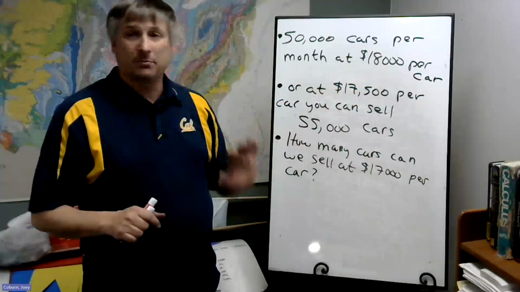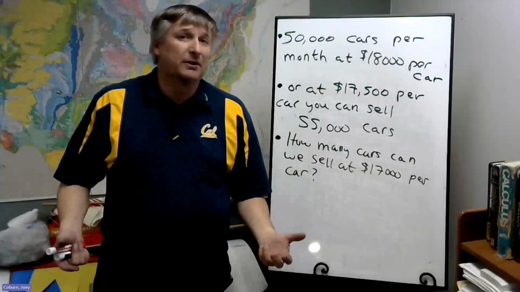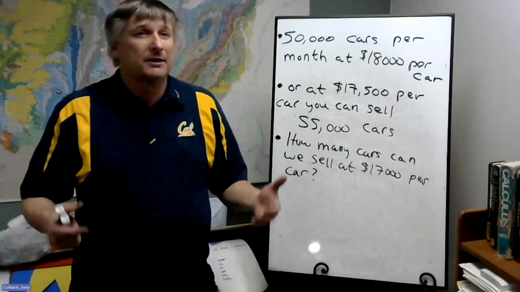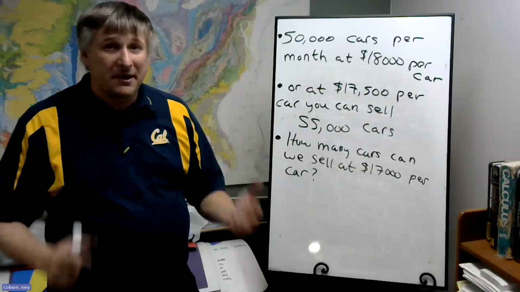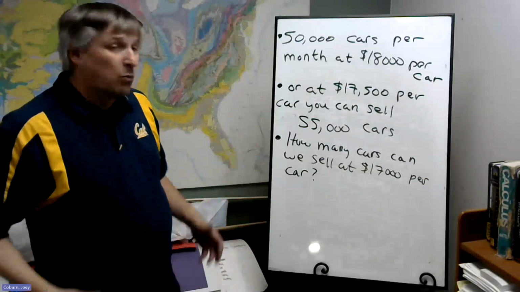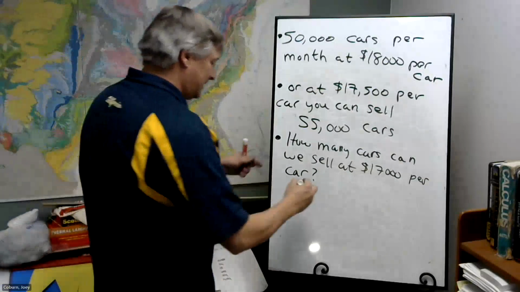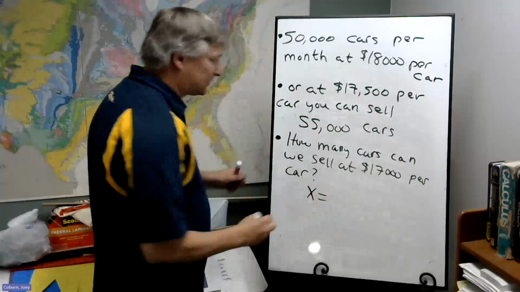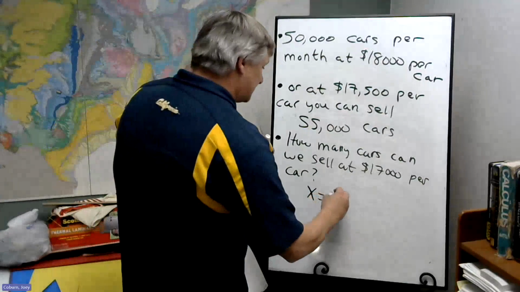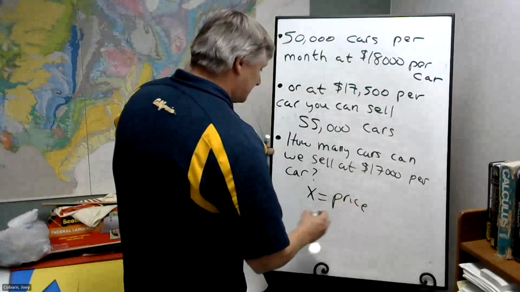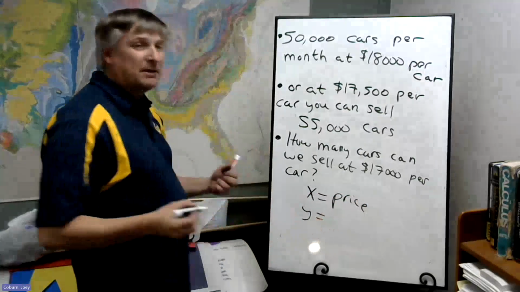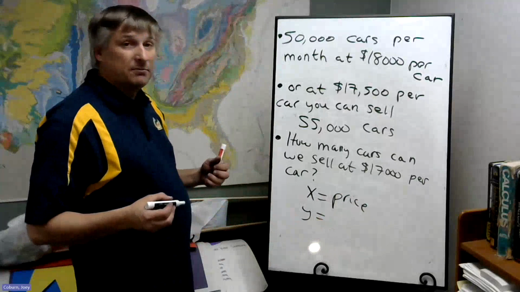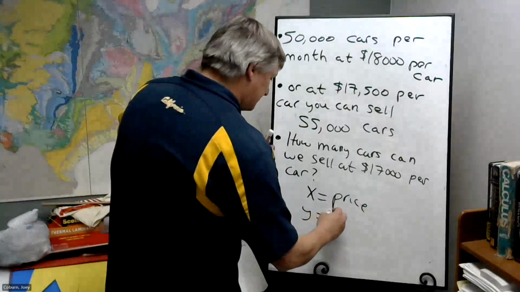We're free to choose the price, and the consequence of the price that we chose is the number of cars we're able to sell. So what this means is this. The independent variable X, this will be the price. And then the dependent variable, this is going to be the number of cars.